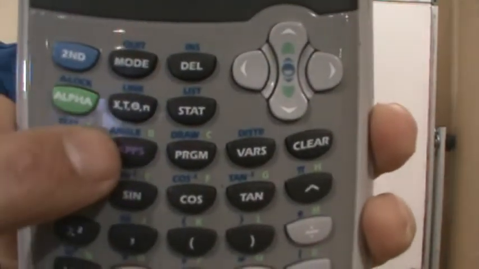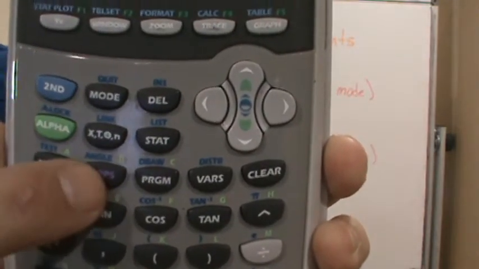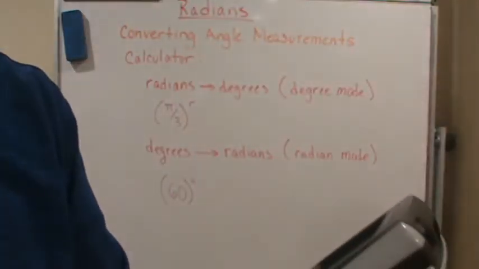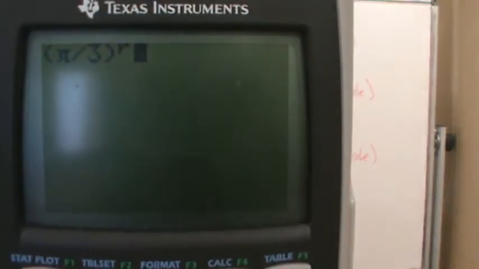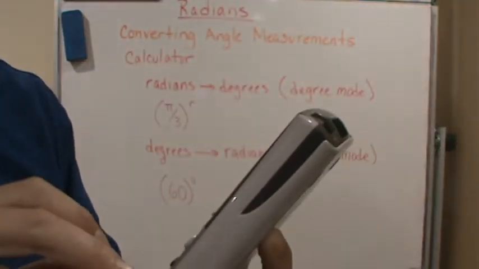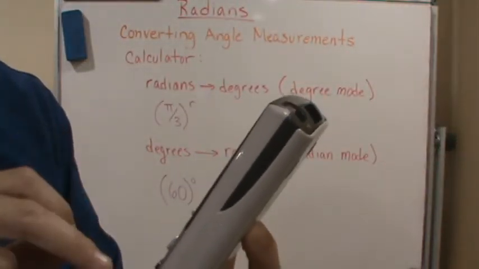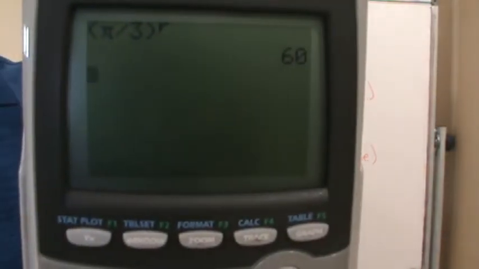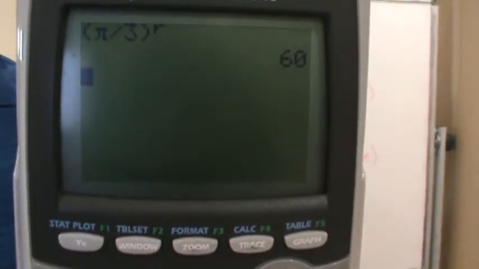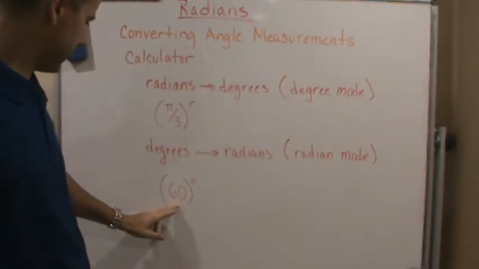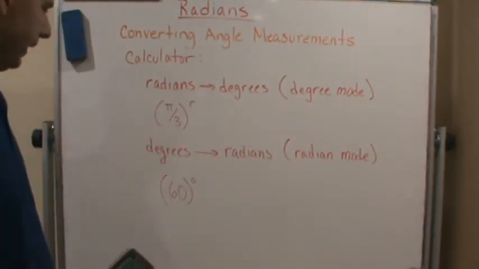Again, my angle menu is right here, so I'm going to do second apps for angle, and now I'm going to choose number 3 for R. And so now that's what I have on my screen. Now if I hit enter, I get 60 degrees.